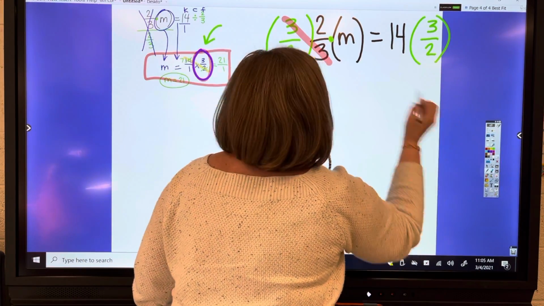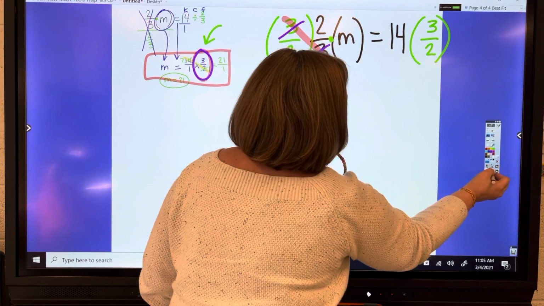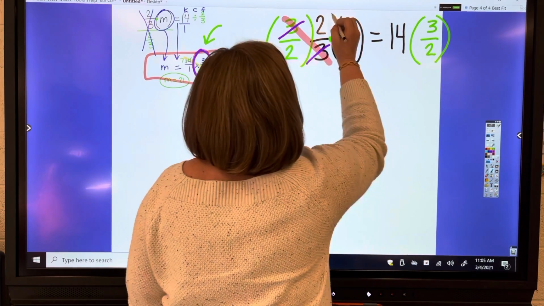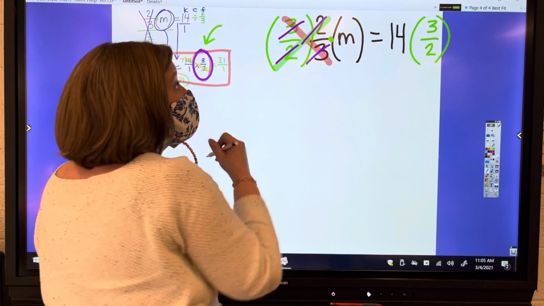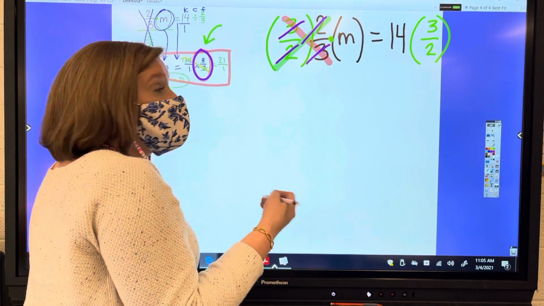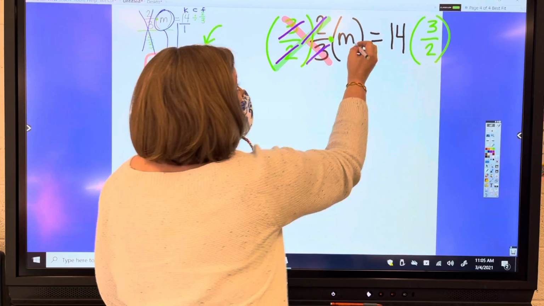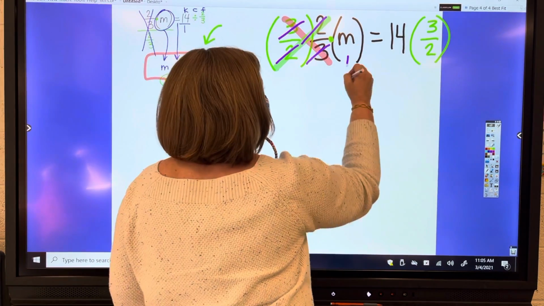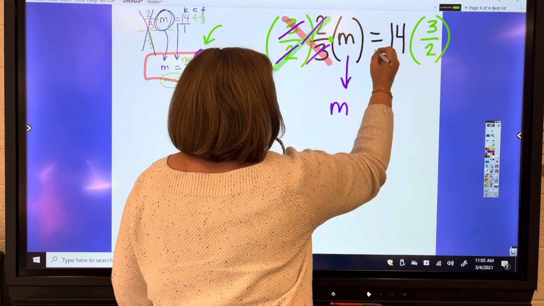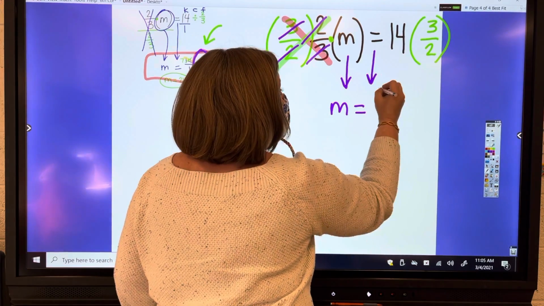They cancel out. What happens to my 2's? They cancel out. What am I left with over here on the left? M. That's it.